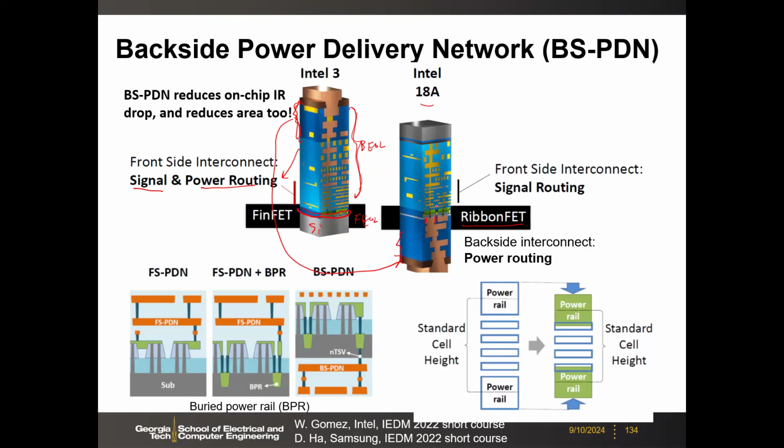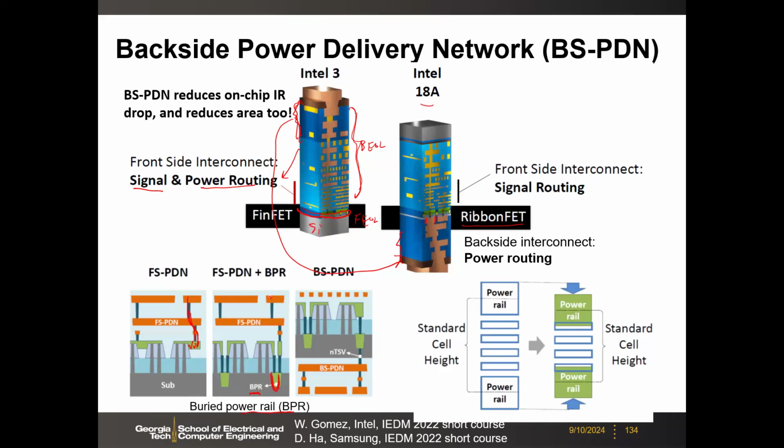If you look at the cross-sectional view, traditionally we have the FinFET, and then you have the VDD, VSS, which will come from the top metal. The intermediate step is that they bury the VDD and VSS, called BPR, buried power rail.